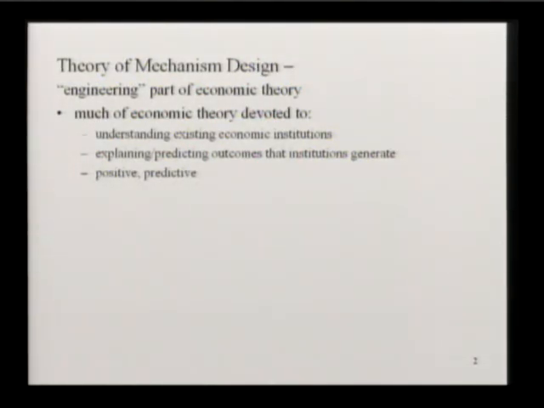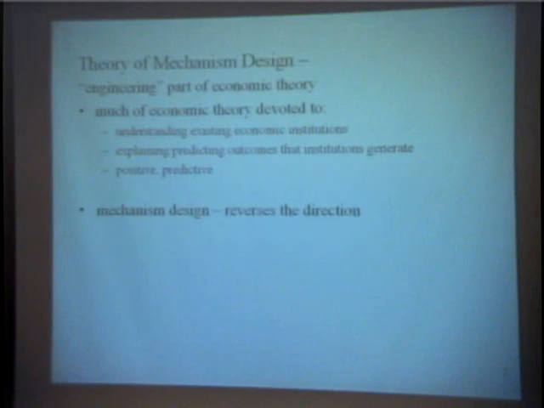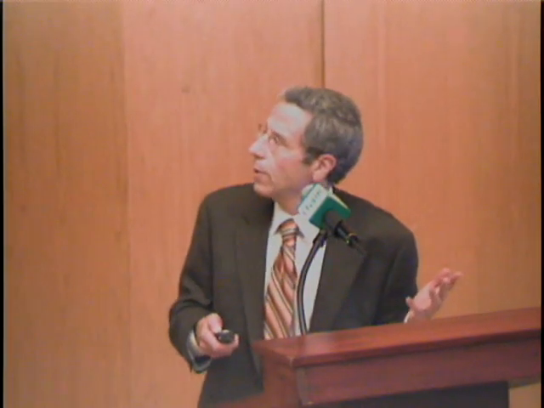But I'm actually interested in the part of economics which is just the opposite. That is, in mechanism design, we do things the other way around. We start with outcomes that we would like to have. Those are our goals.